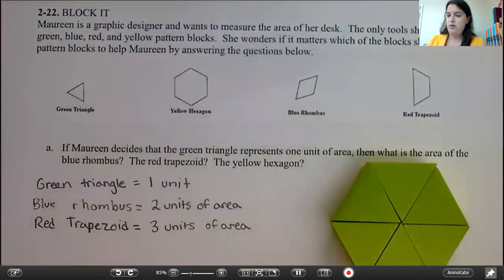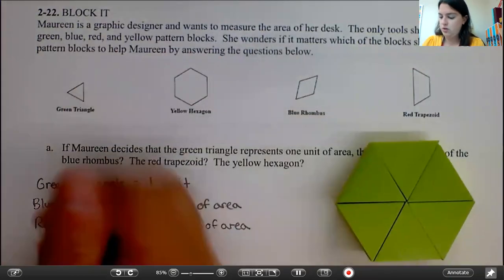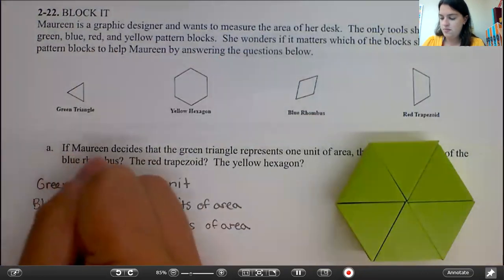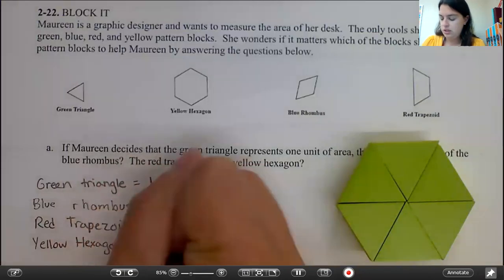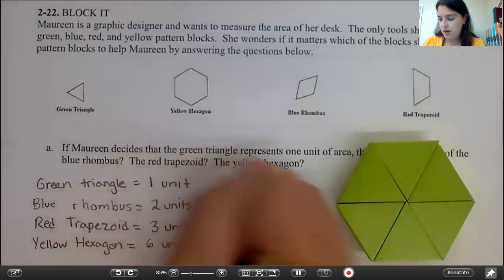And our whole yellow hexagon is covered. So our yellow hexagon equals 6 units of area.